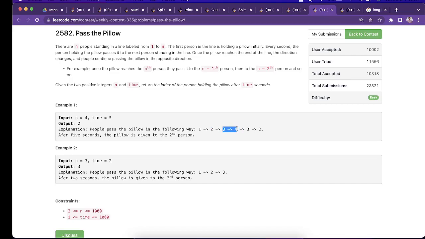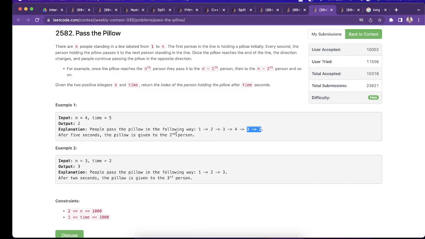In the fourth second person 4 will pass it to the third person. So when the pillow reaches the nth person, it starts passing in the opposite direction, and then the third person will pass the pillow to the second person. So now the pillow is moving in the reverse direction.